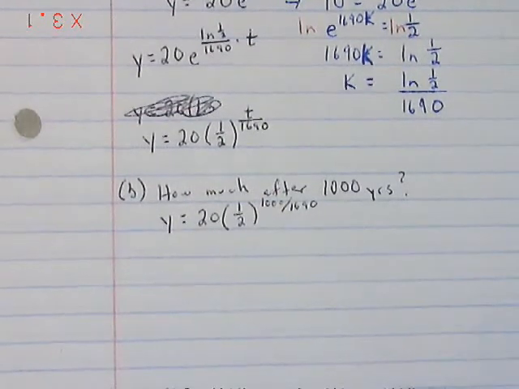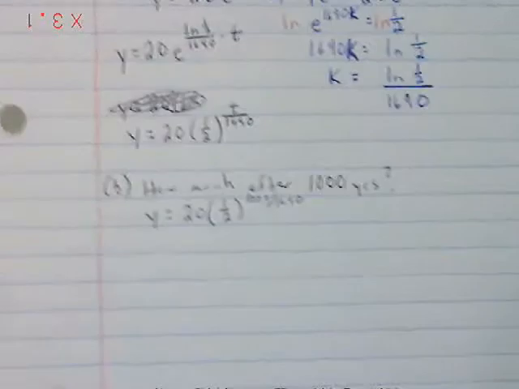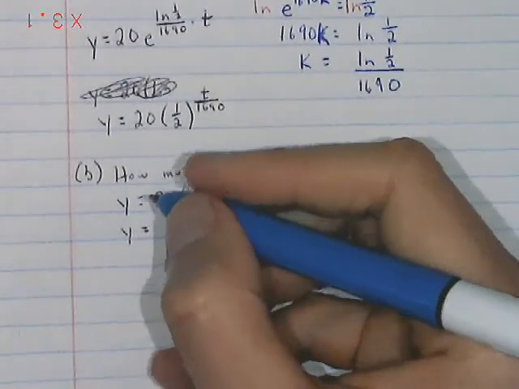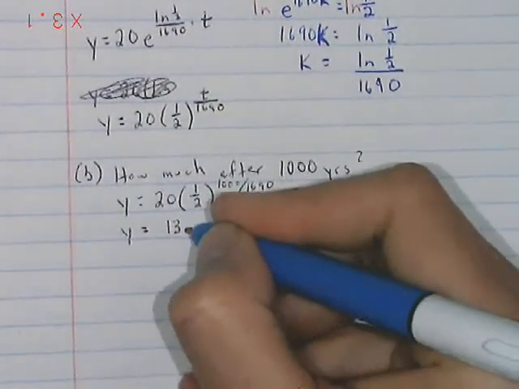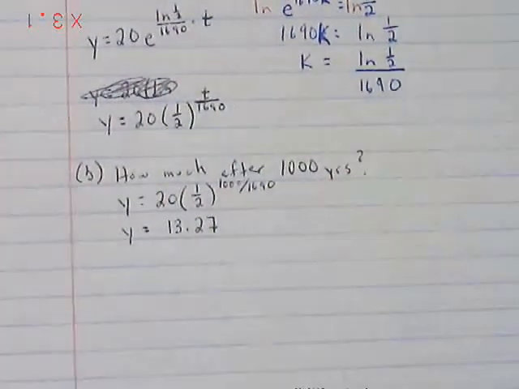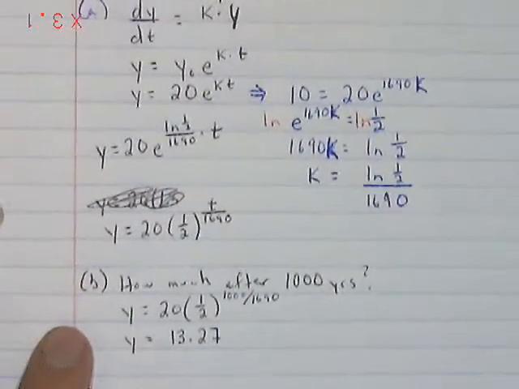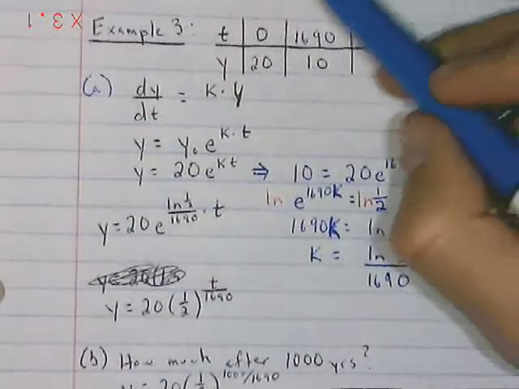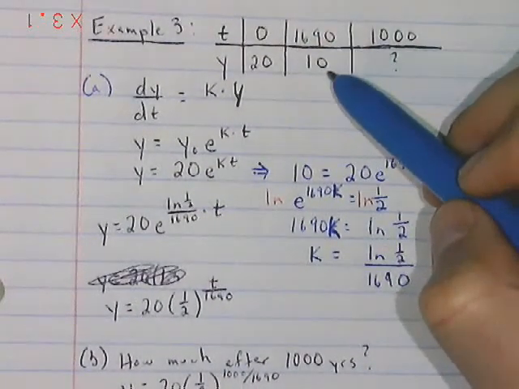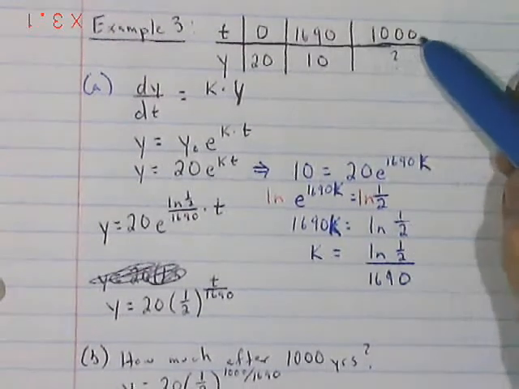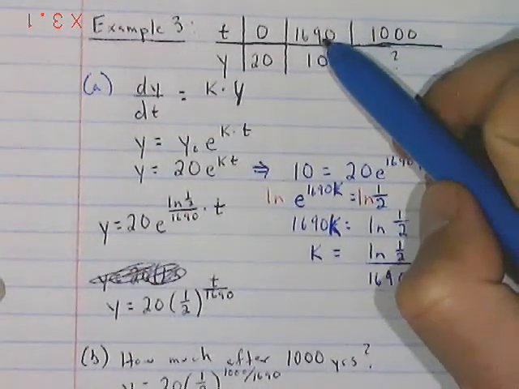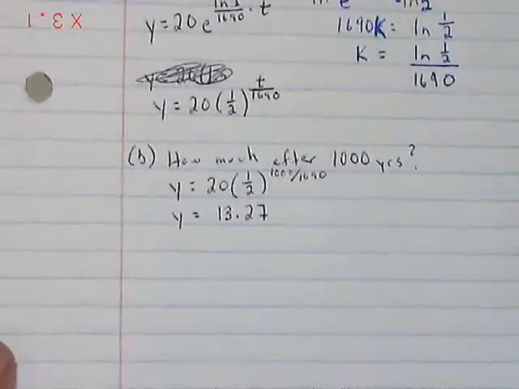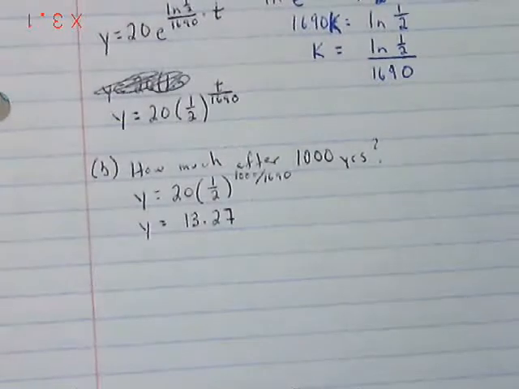And then probably reach for your graphing calculator. Figure out that that evaluates to 13.27. Okay, which in the context of the problem makes sense, because if it took almost 1,700 years to decrease by half, 1,000 is less than that half-life, so we should have more than half of our quantity after 1,000 years.